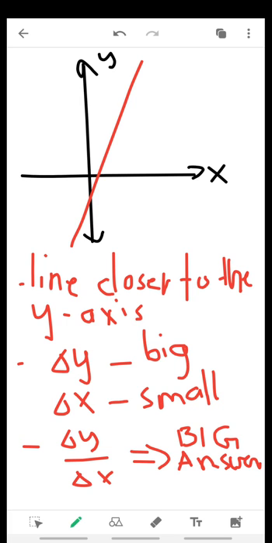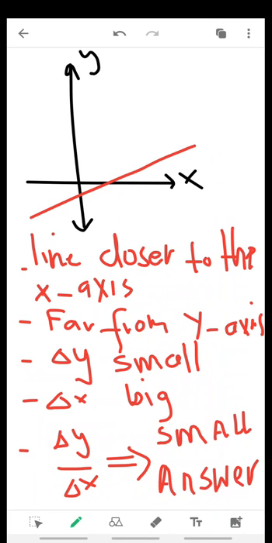That means the change in y will be bigger compared to the change in x, so change in x will be smaller. When you take the ratio of the two, change in y over change in x, obviously if you have a big number over a small number, the answer will be big. This means we have a greater gradient, a bigger gradient. This line will be very, very steep.